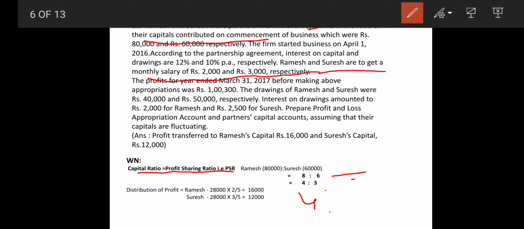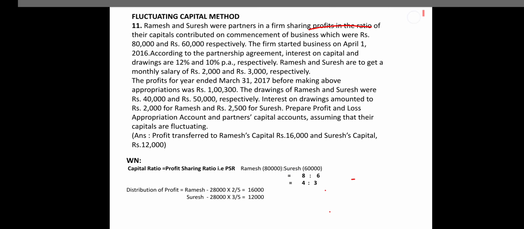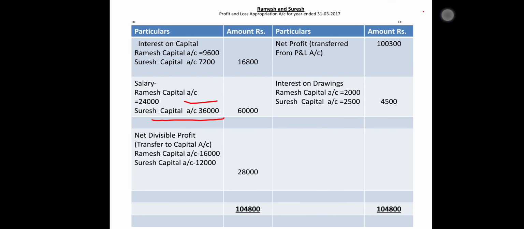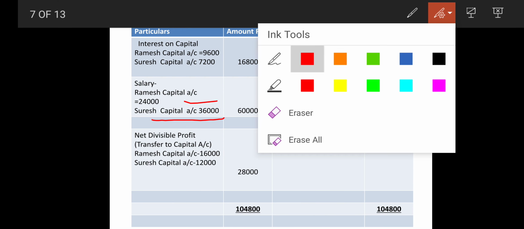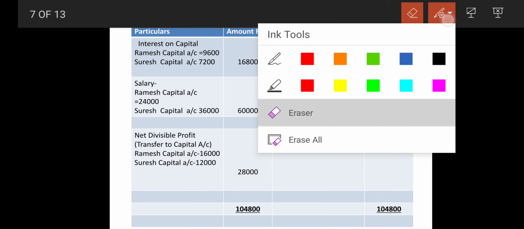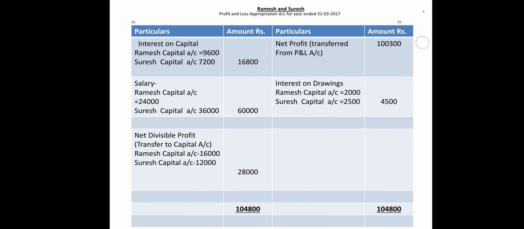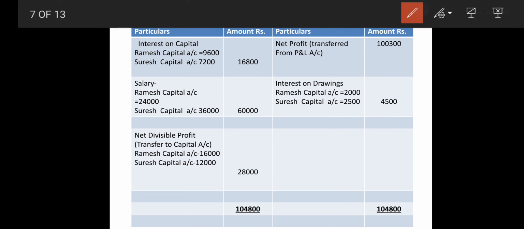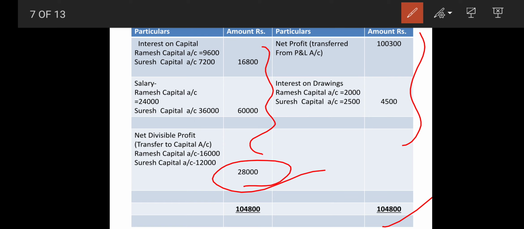Now we are going to continue with the totaling of the sum. First of all, make the total of the credit side and then the total of the debit side. The credit side total is 1,04,800. Deduct the debit side items and you will get the difference, that is 28,000.